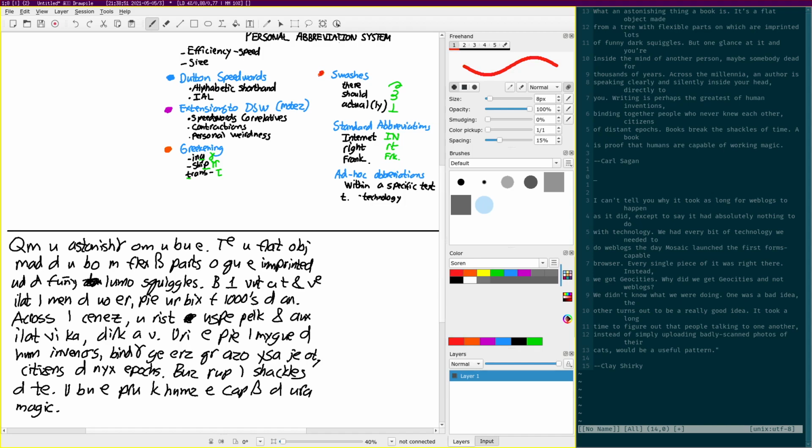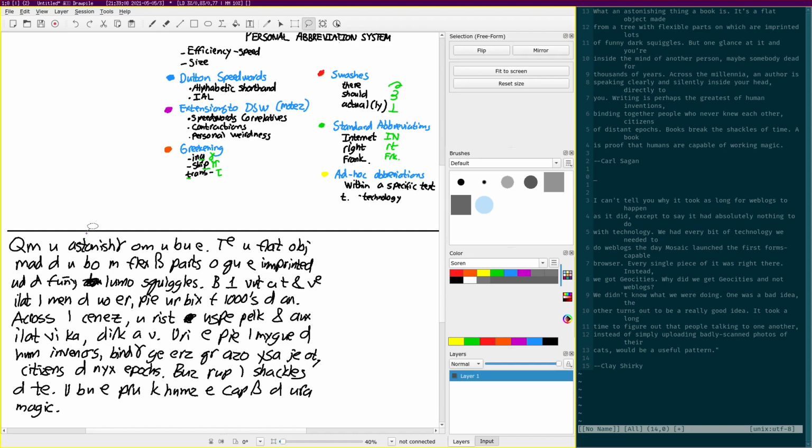Did I actually select that? There we go. Standard abbreviations, we'll do green, and ad-hoc will do yellow. I don't think I have any ad-hocs in this one either. Okay, so I'm just going to come out here and select and change the color of these as we go.